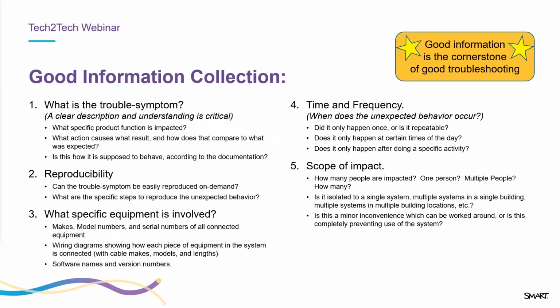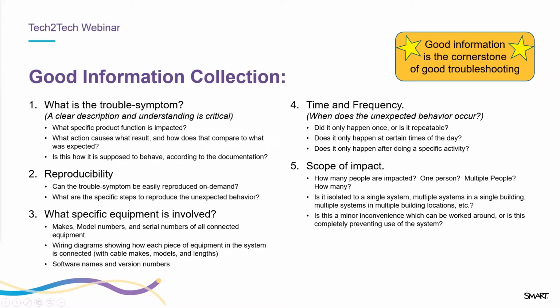And so understanding how the action compares to what was expected is important. And that's the third bullet there: is that how it's supposed to behave? If I look at the product documentation, is it indicating that that's how it's supposed to behave? Is it simply a matter of a different expectation from the user?